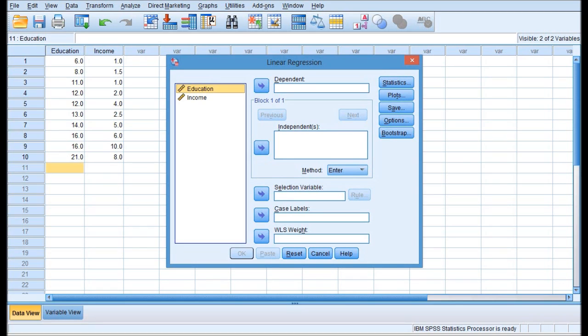So income level goes into this dependent variable box, and educational level goes into this independent variable box. Okay.